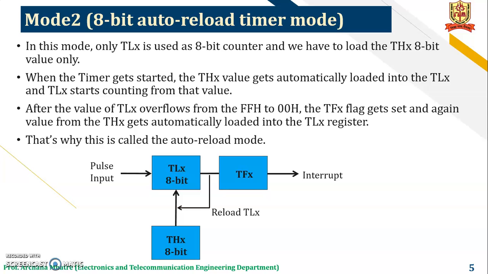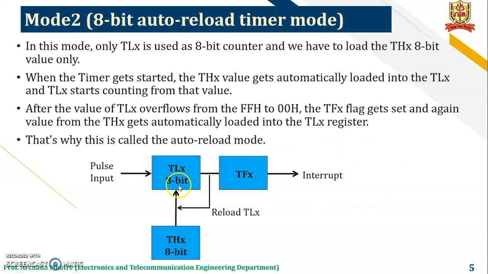After TLX overflows from the maximum to the minimum value, the TFX, that is the timer overflow flag, will be set and again the value from THX gets automatically loaded into the TLX register. That's why it is called auto reload mode.